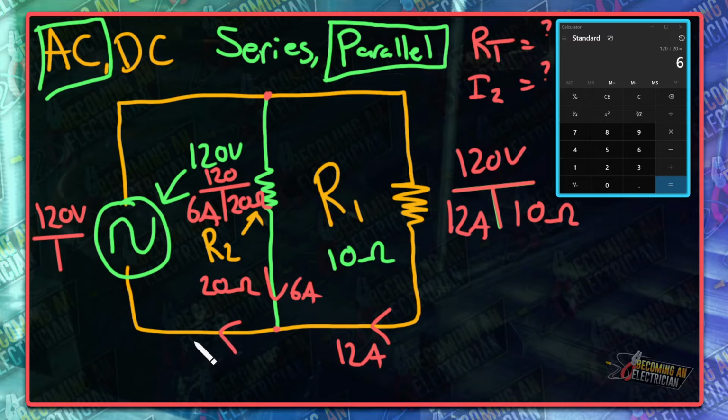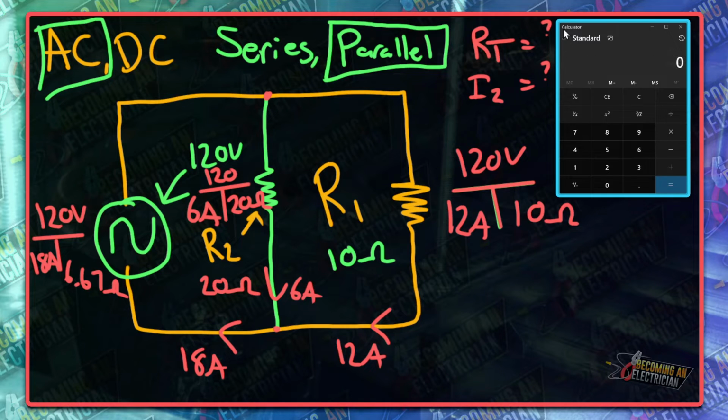So which means we have 18 amps. So 120 divided by 18 amps. What is it right there? Okay, so again, go back to the calculator. 120 divided by 18 amps. We have 6.67 ohms. There you go.